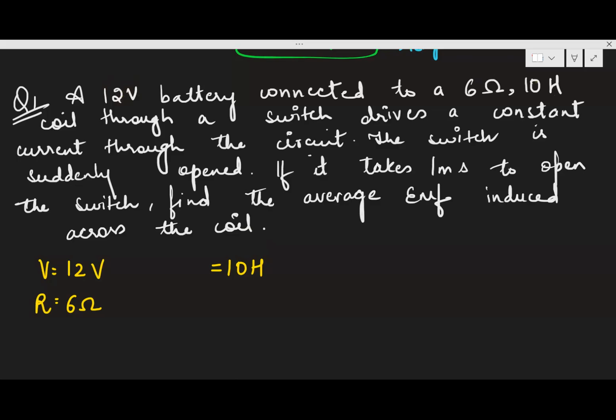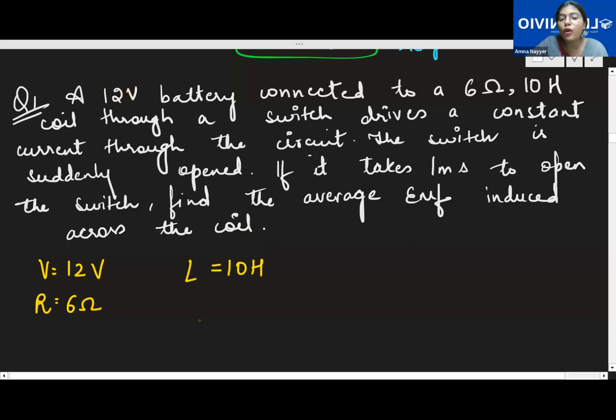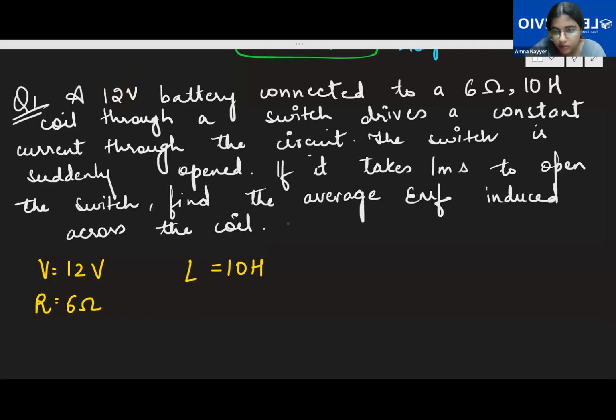And Henry is what? Self-inductance, the coefficient L. Henry is the SI unit of self-inductance, the coefficient of self-induction. Is that clear now? It's a new term for you, so you should be able to identify it.